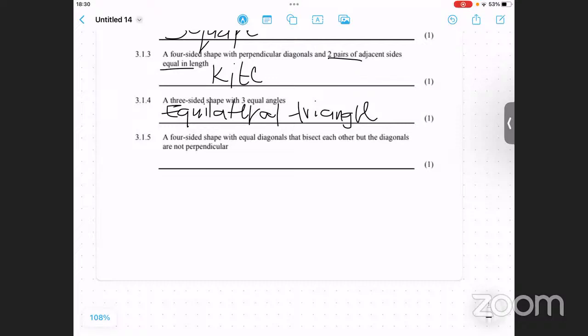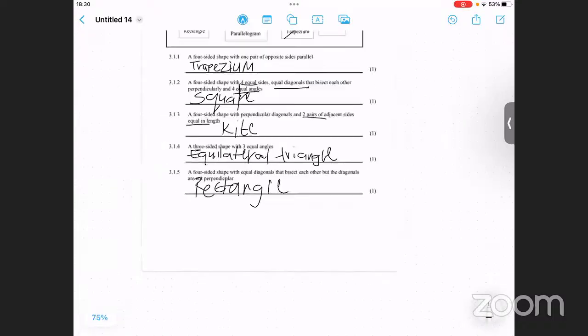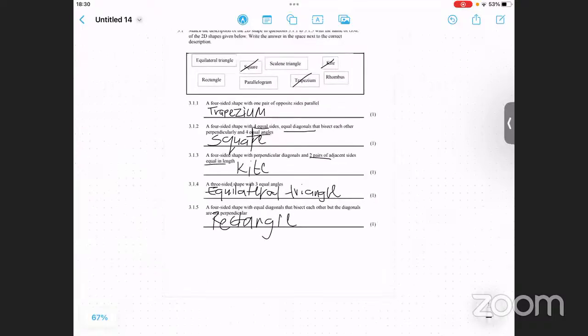Ma'am, I think it's a rectangle. Perfect. So the answer here is rectangle, right?